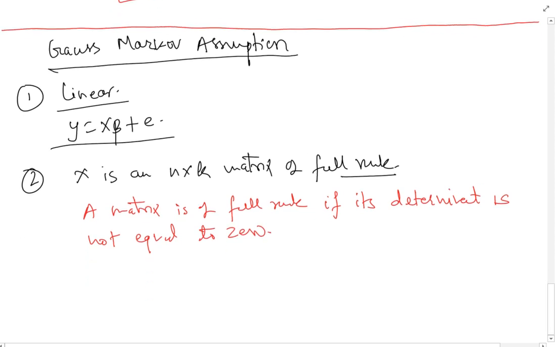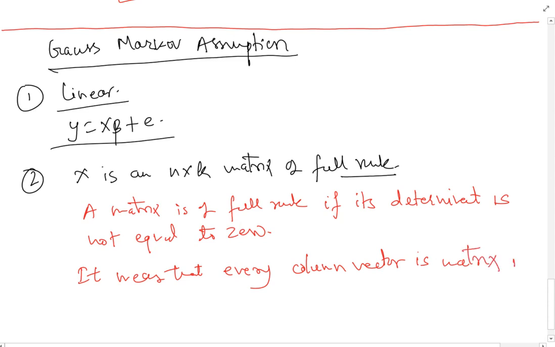It means that every column vector in the matrix is linearly independent.